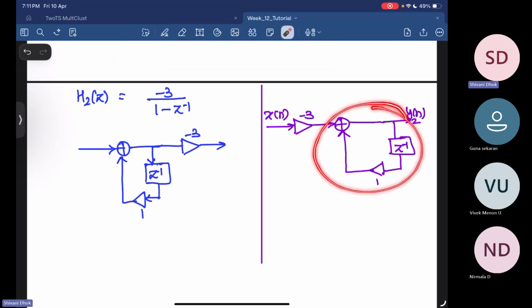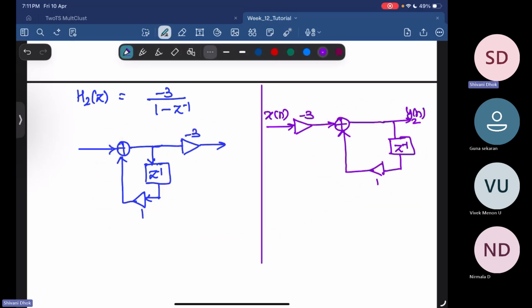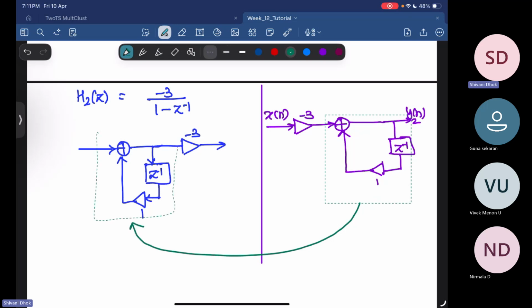Now again, this part is your this part, and this part is your this part. So this particular thing is here, and this particular thing is basically this.